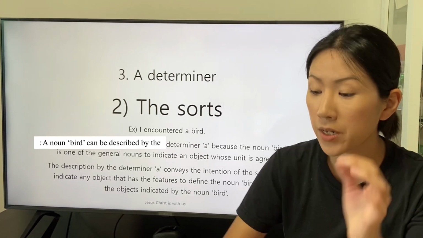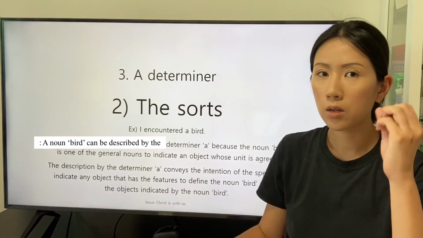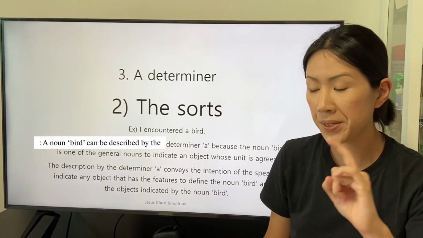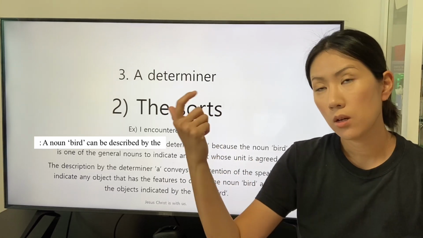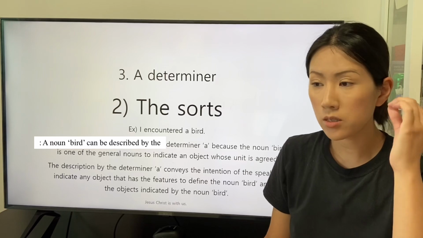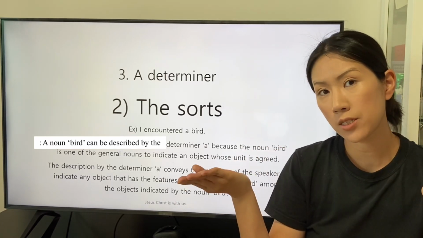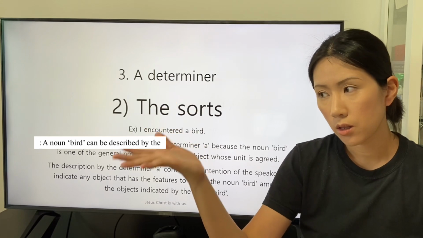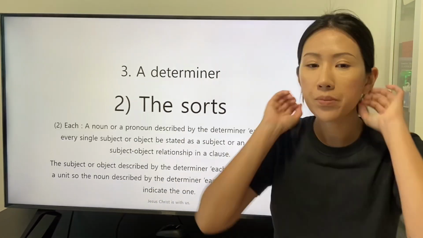And the speaker can indicate the object because the speaker identifies an object whether the object includes the features to be defined by the general noun, bird.